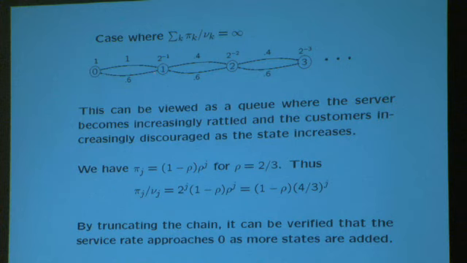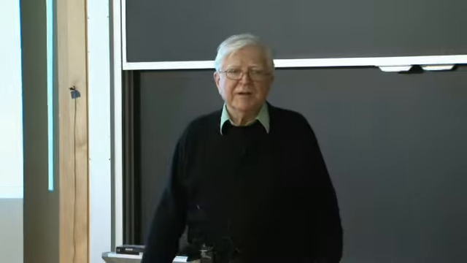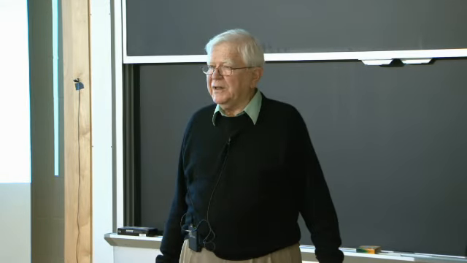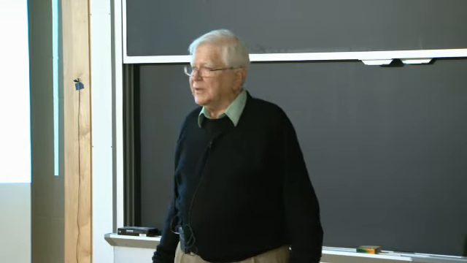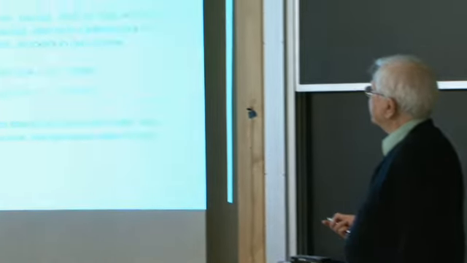We assume that from state 1, you go to state 0 with probability 0.6. You go to state 2 with probability 0.4. From state 2, you go up with probability 0.4. You go down with probability 0.6. The embedded chain looks great. There's nothing wrong with that. That's a perfectly stable M/M/1 queue type of situation. It's these damned holding times which become very disturbing.